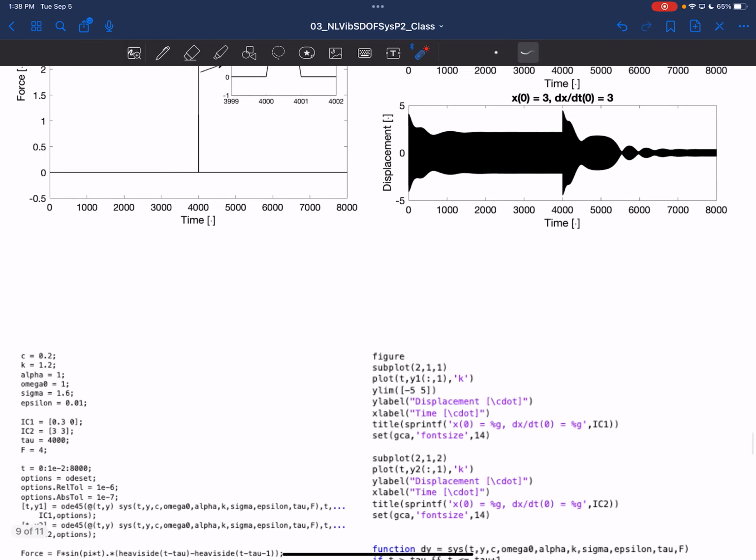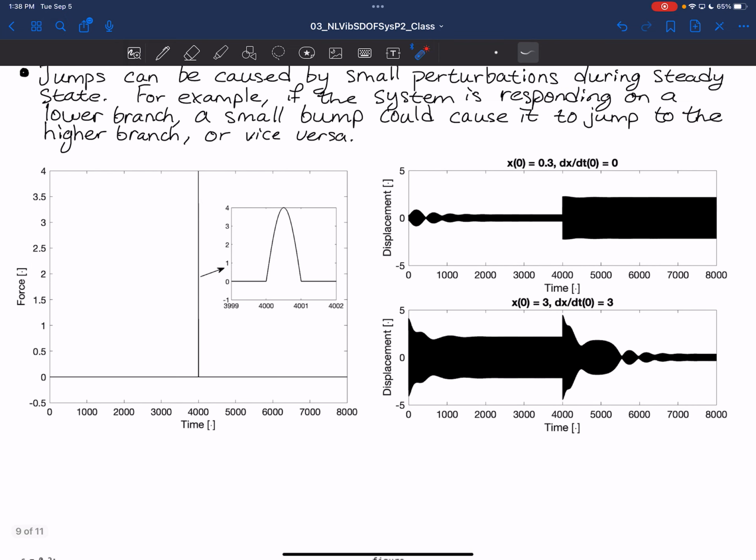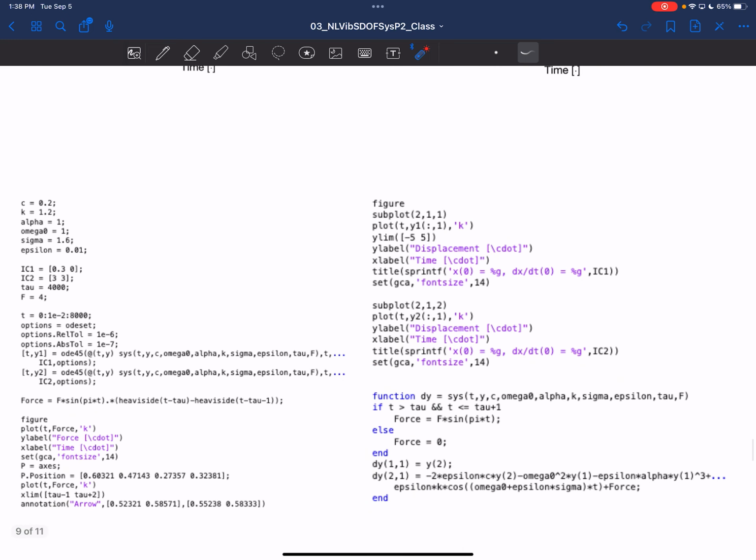So those perturbations can lead to the fundamental frequency of the system? No, this is not the fundamental frequency. Here we're forcing at 2.6. We're not forcing at fundamental resonance, which I think is 1.